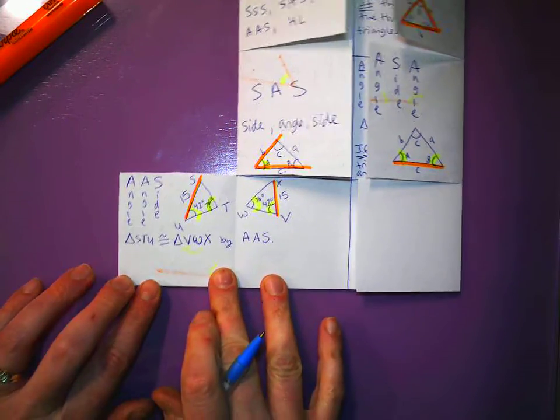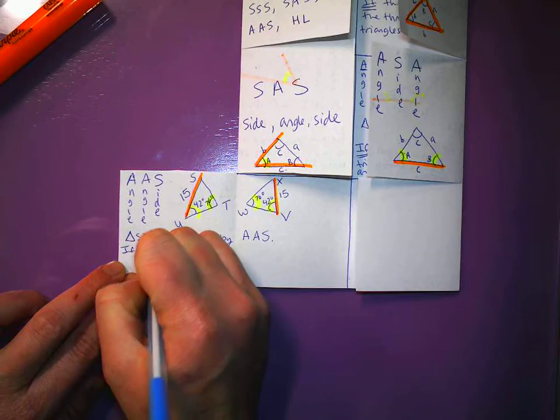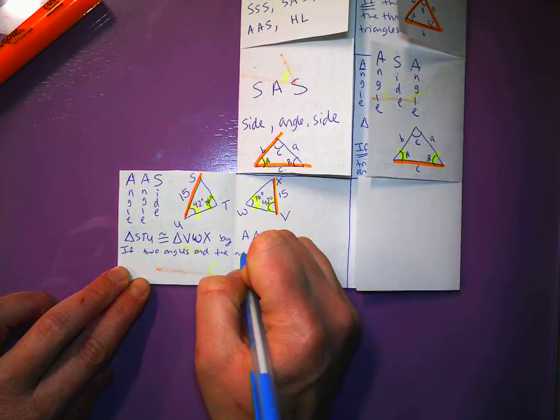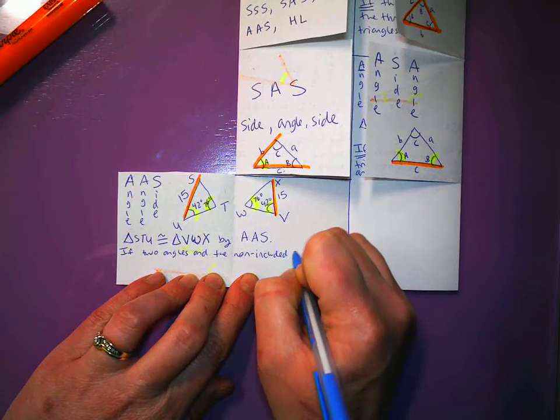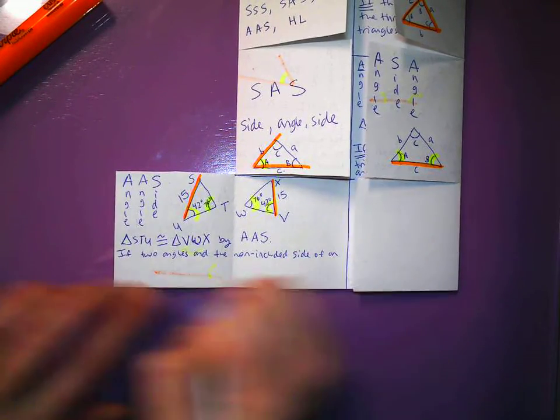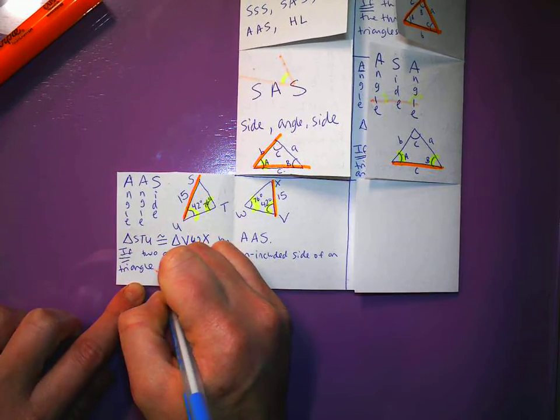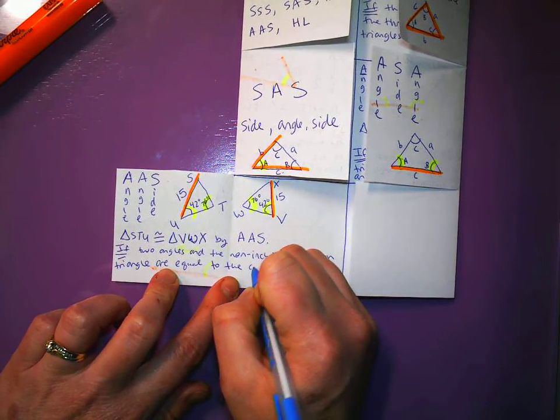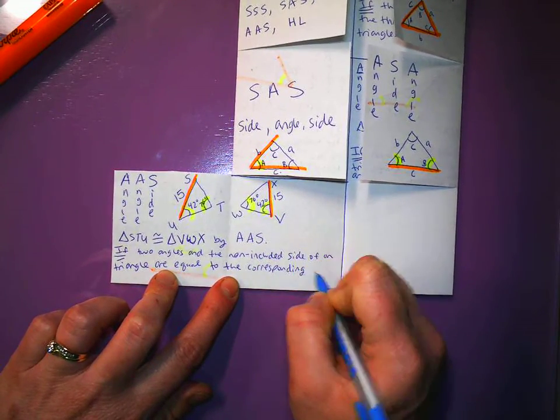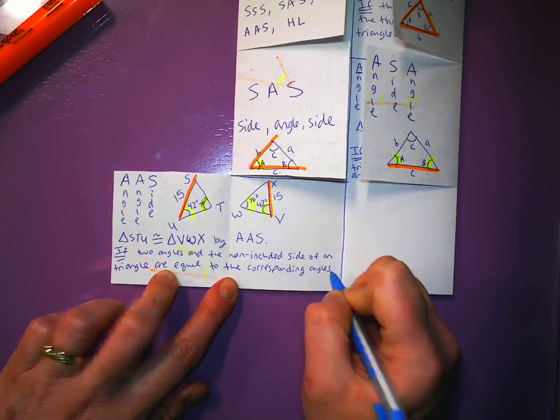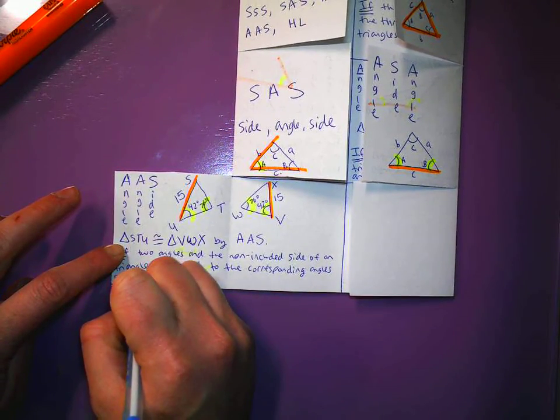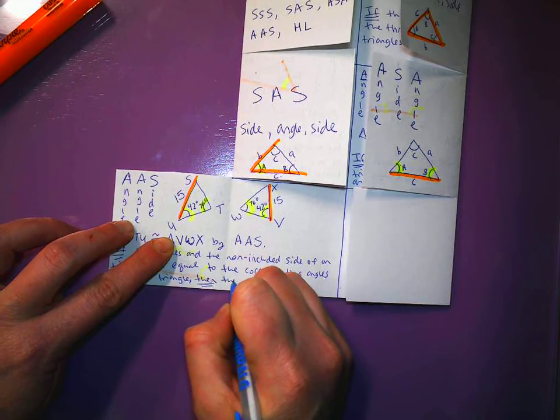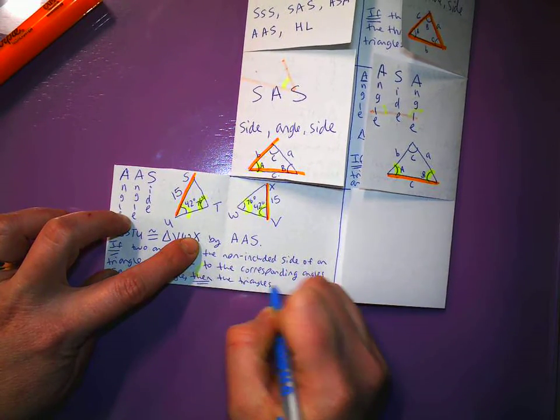So now I can write this out in English, and it says if two angles and the non-included side of one triangle, that's my if part, of one triangle are equal to the corresponding angles of another triangle, then the triangles are congruent.